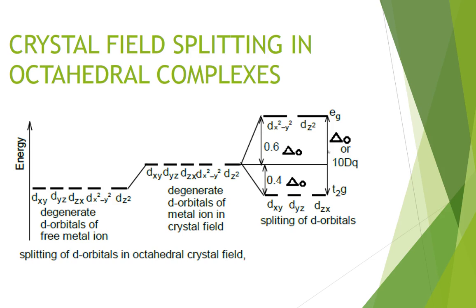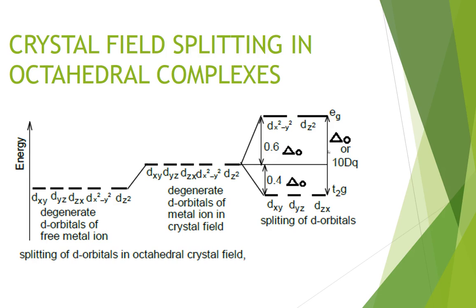These are the 5 d orbitals. In the case of free metal ions, when the ligands approach the metal ion, their energy gets increased. And when the ligands make a bond, in an octahedral crystal field, it splits into t2g and eg levels.